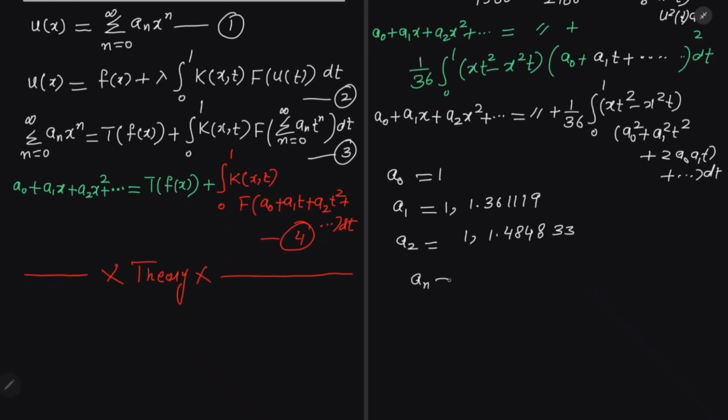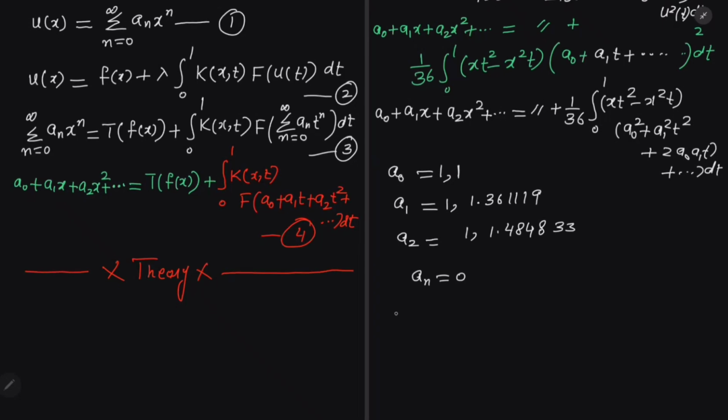All the other terms will be equal to 0. You just need to check that. After expanding, it will take time to multiply and then integrate and compare with x to the power 0 and x to the power 1. There is a possibility that you will get two values for a0.